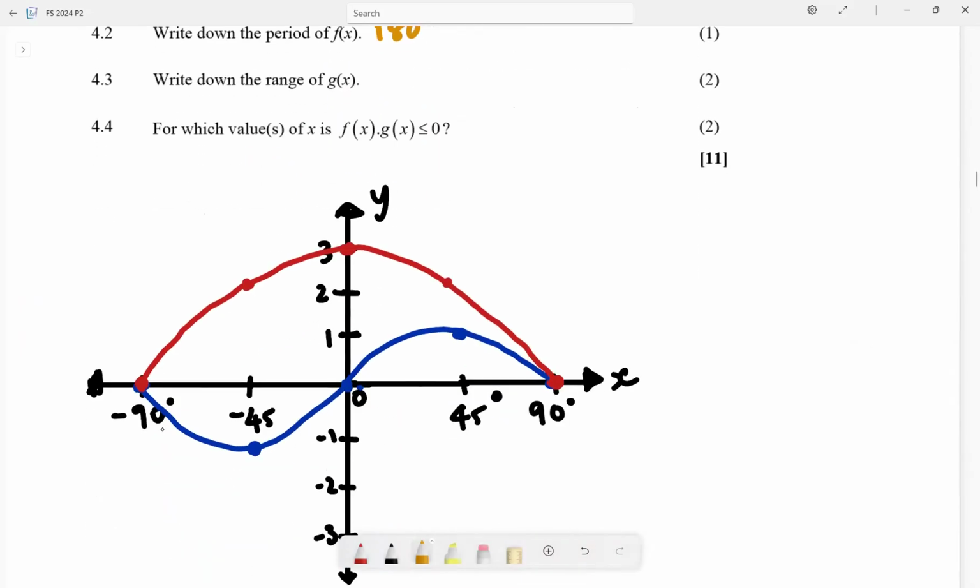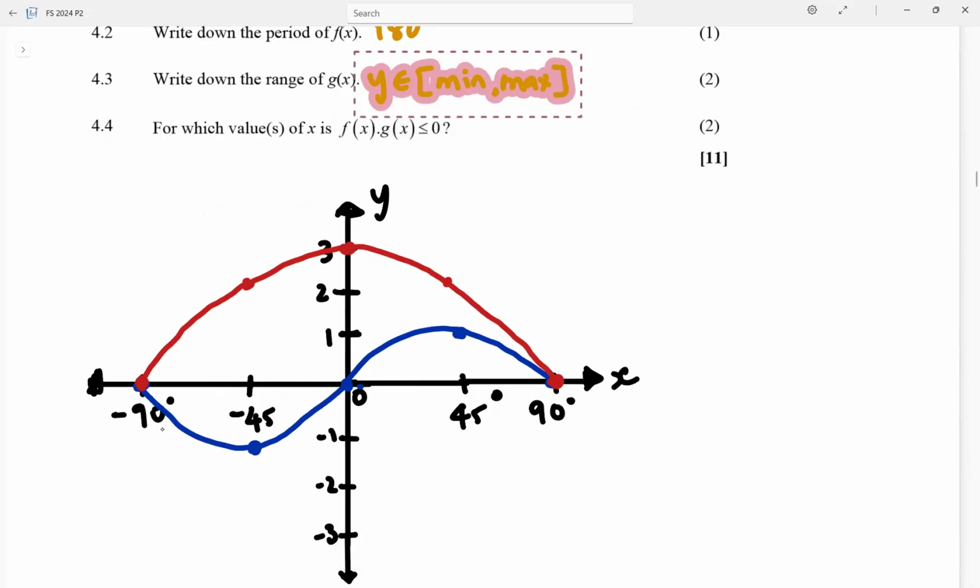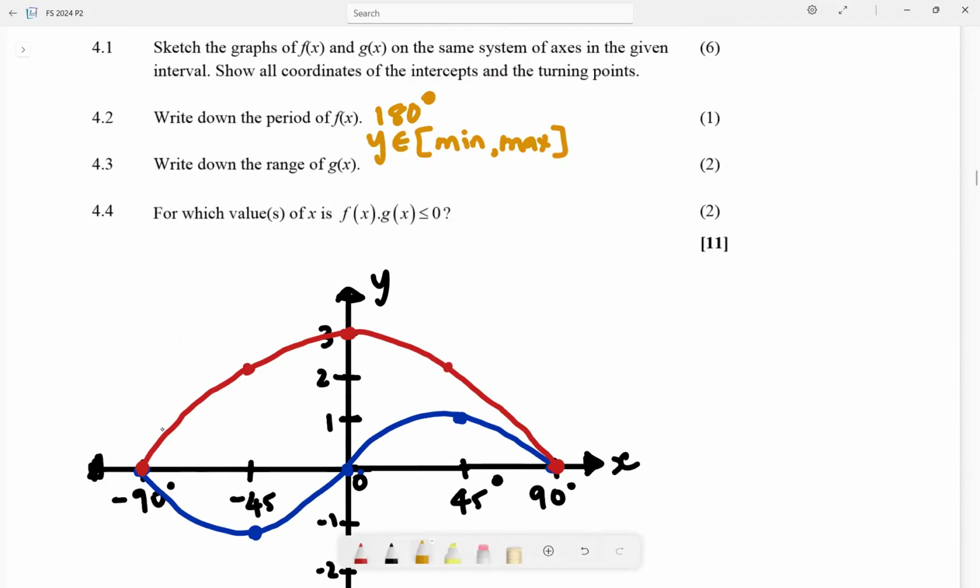Write down the range of G. Range of G. Where is G? Remember what is range? Remember, range is minimum to maximum. Okay? This is what range is defined as. Now, let's execute that. What is our minimum value of the G graph?